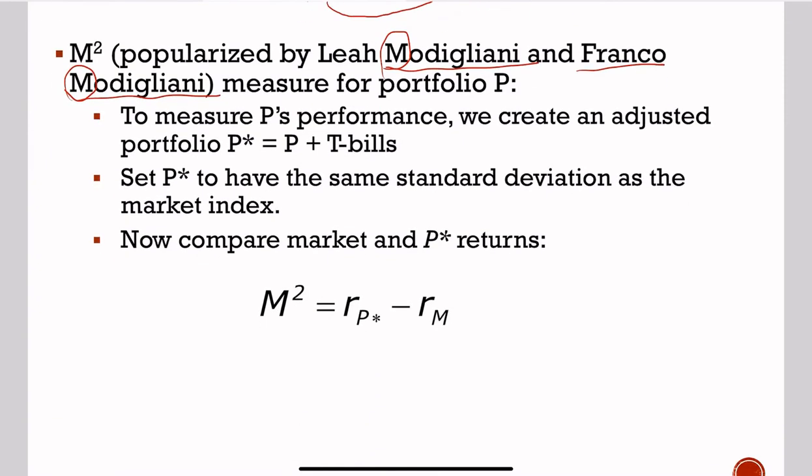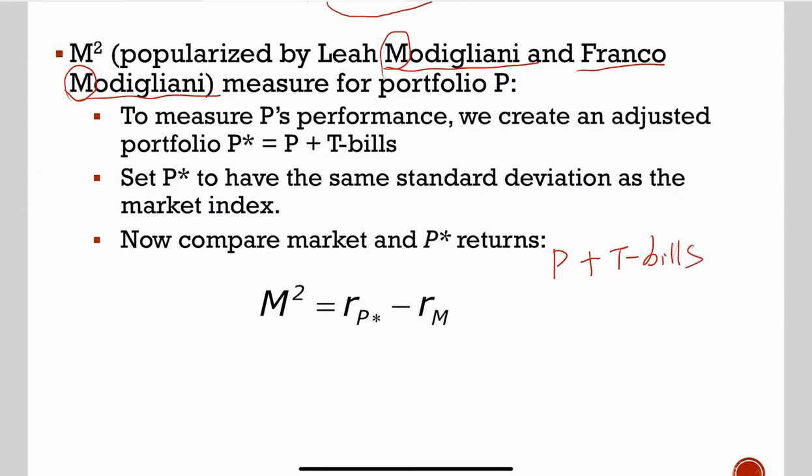So, portfolio P, and I want to make sure I can have a portfolio which has the same volatility as the market index. So what I'm going to do is, if this is my portfolio P, I will mix this portfolio P with this risk-free asset.